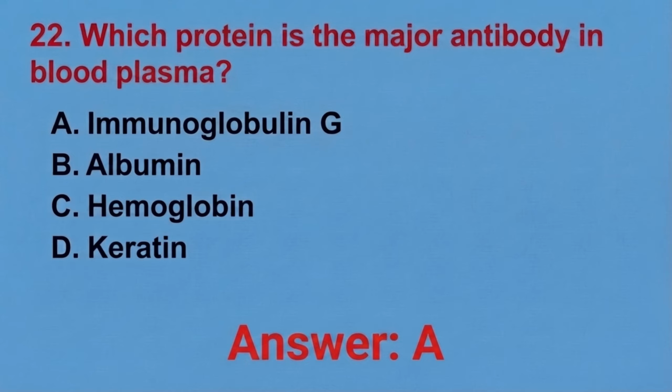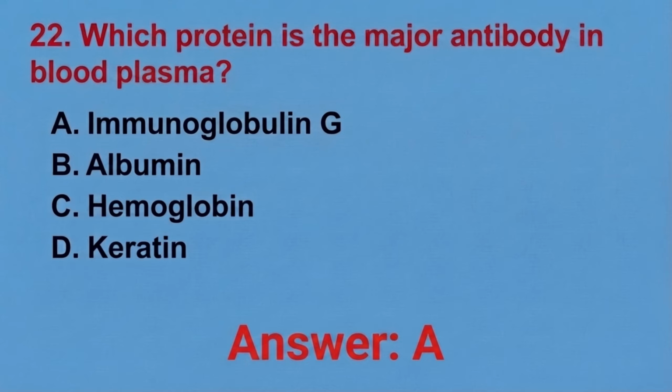Option C is wrong because hemoglobin transports oxygen inside red blood cells and has no role as an antibody. Option D is wrong because keratin is a structural protein found in skin, hair and nails rather than in blood plasma.